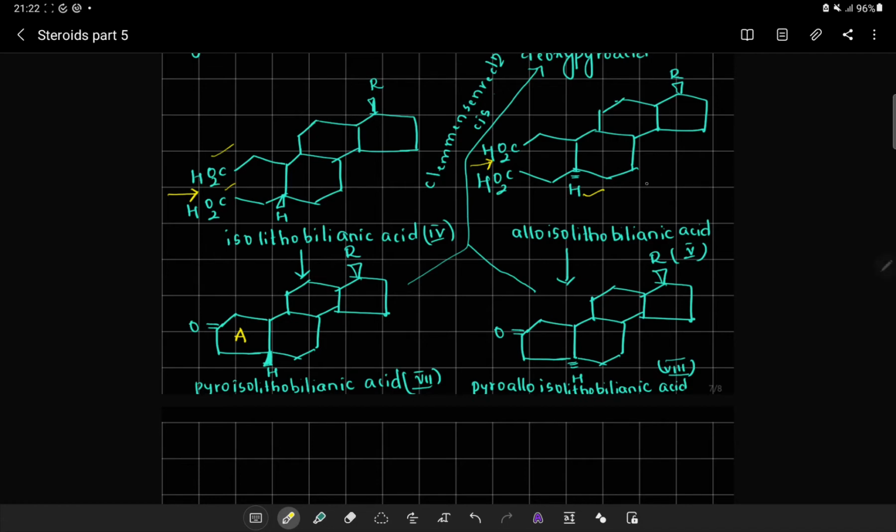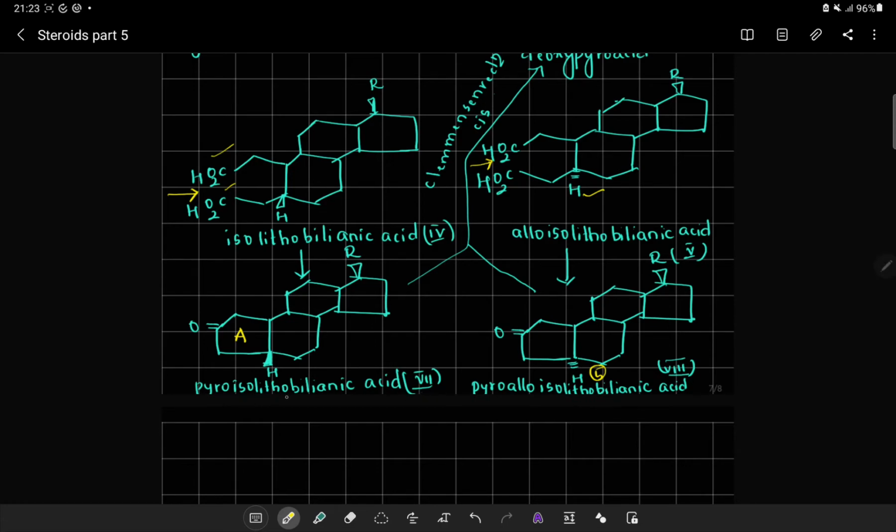But in compound number 5, because there is no adjacent carbonyl carbon with respect to this proton, there is no inversion at C5, and hence it is going to give me a new compound called pyroalloisolithobilianic acid. In this compound, at position number 5, the proton is still below the plane. So in these two systems, we will be getting compound number 7 and 8.